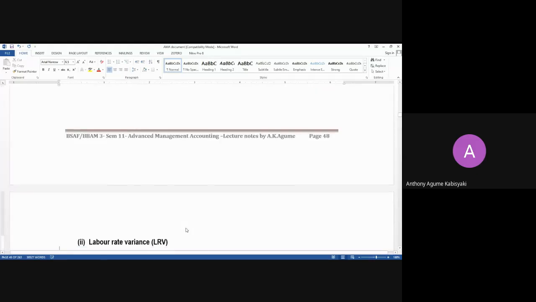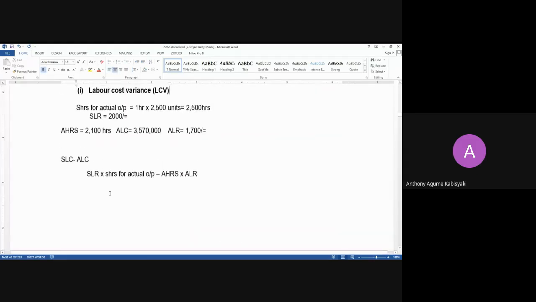So coming here to my labor cost, I say it is standard hours for actual production, 2,500 hours, multiplied by the standard labor rate, which is 2,000, then subtract the actual hours, which is 2,100, multiplied by the actual labor rate, which is 1,700.